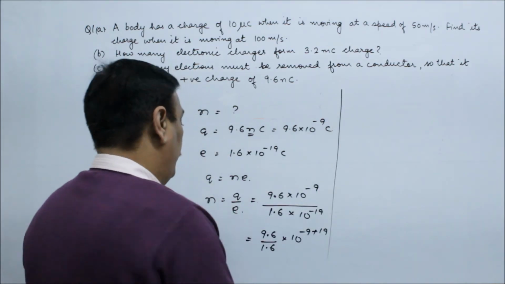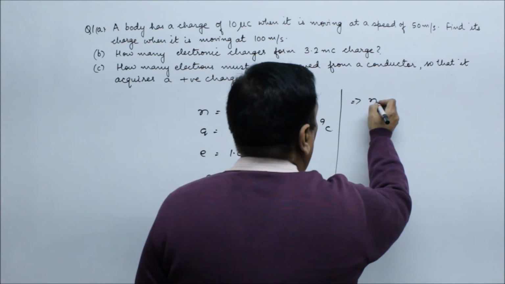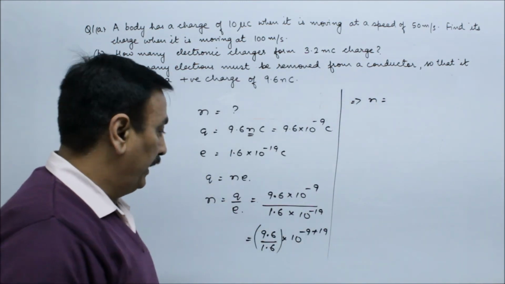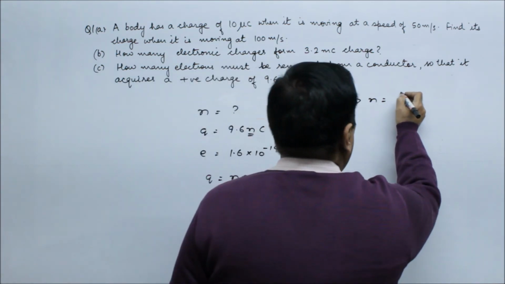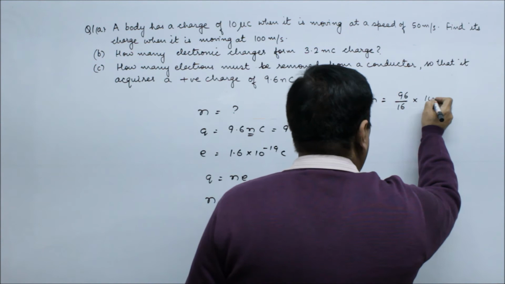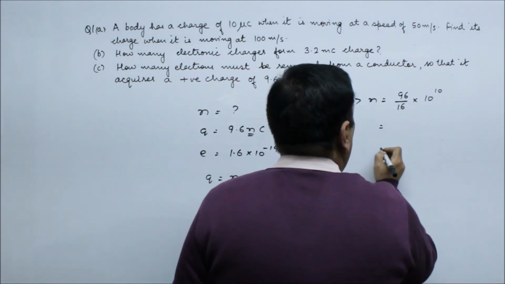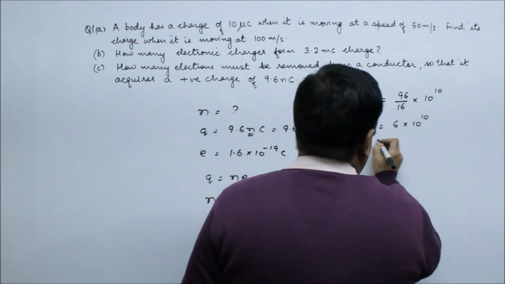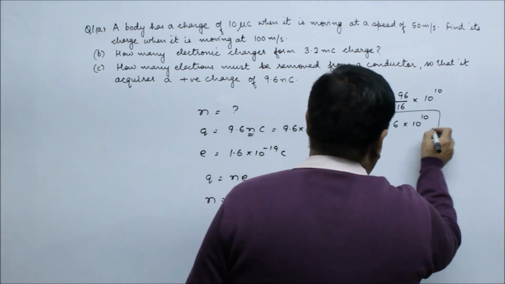So we have N is equal to, here multiply in the numerator and denominator by 10. So you get 96 upon 16, and you get 10 raised to the power 10 here. 16 times 6 is 96. So N is 6 into 10 raised to the power 10, this is our answer in this case.